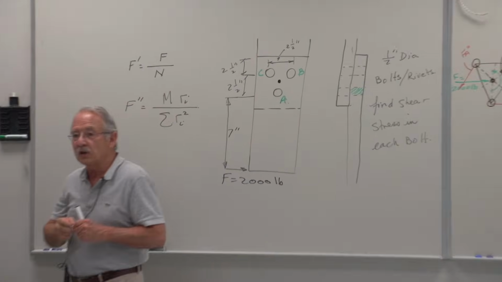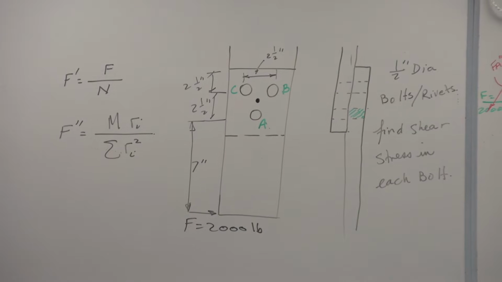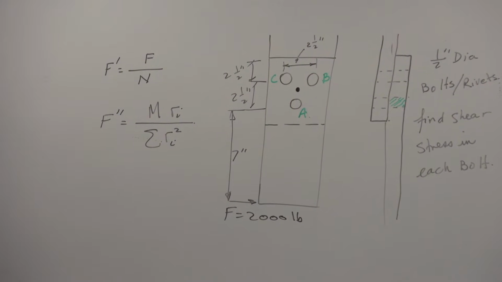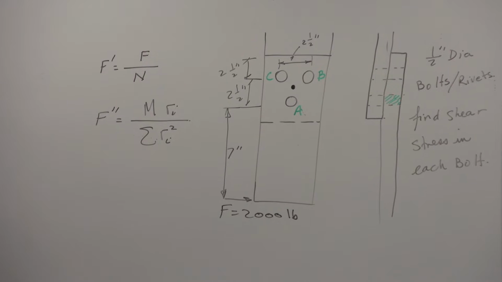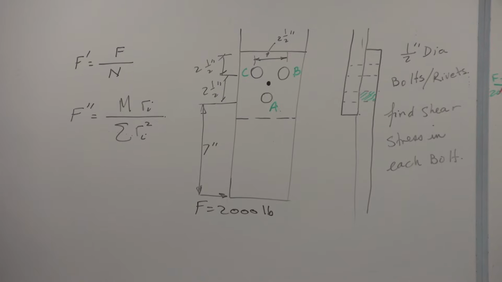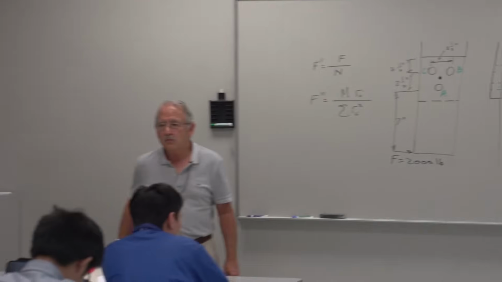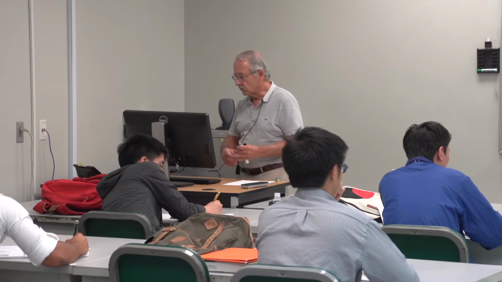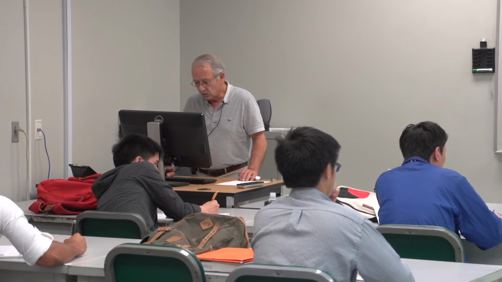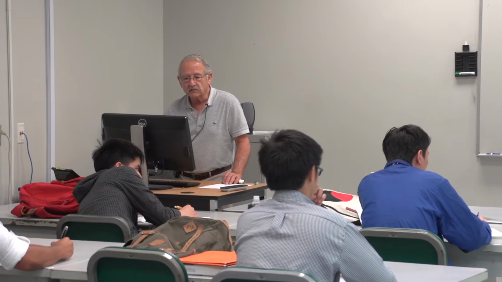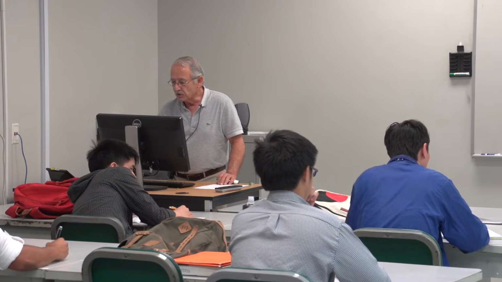To do that, you need the thickness of the plate, which is not given. But if that's given, it's just the load divided by the thickness of the plate times the diameter of the bolt. It's the cross-section of the bolt through its middle, equal to bolt diameter times the thickness of the plate. Any questions?